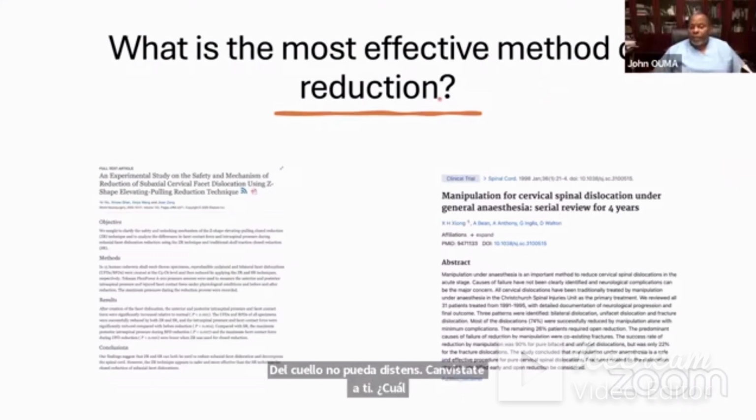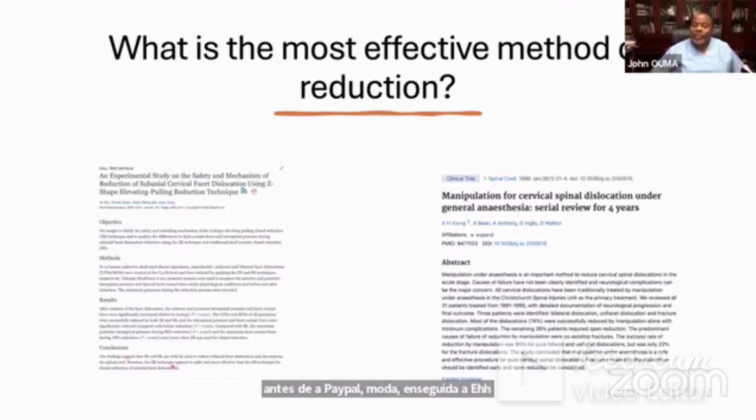What is the most effective method of reduction? We spoke about this earlier, about the different methods, and I've just used these two papers more than 10 years apart. This one from China, talking about manual reduction versus cranial traction, shows that this ZR technique, which is the Z-shaped manual traction, is safer and more effective than the traditional skull traction for closed reduction of subaxial facet dislocation.